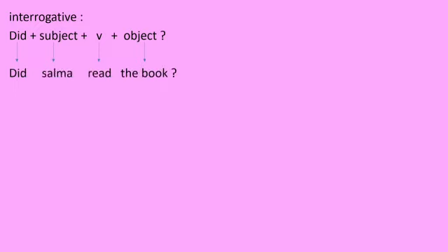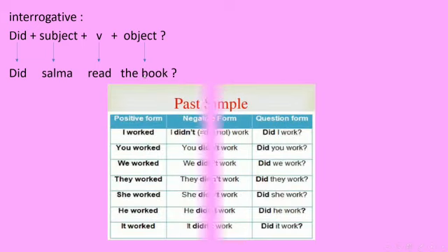In the interrogative في حالة السؤال, did plus the subject plus verb base plus the object. Example, did Selma read the book? Read, not read. Subject, which is الفاعل, and the object المفعول به, the book. And we have here another examples.